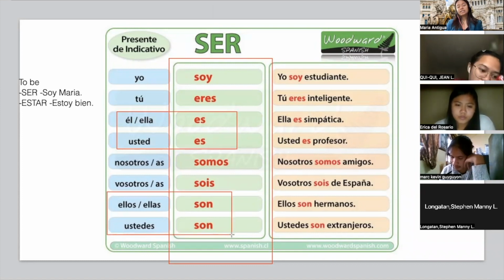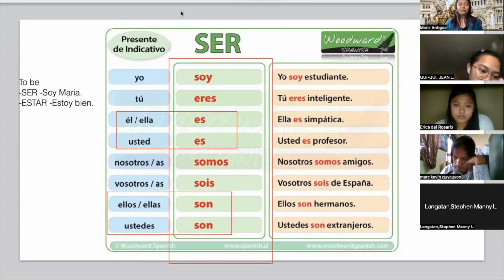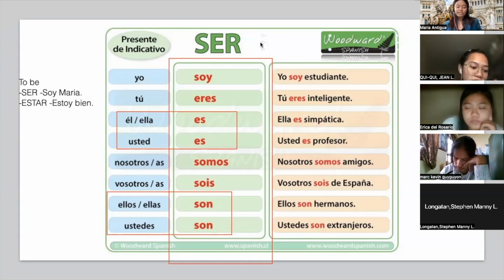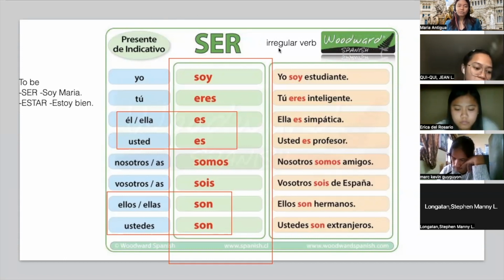Okay? Para hindi kayo masyadong, ang dami naman, ma'am. Alright. And there's no way for you to master this than to memorize because ser now is an irregular verb. Walang pattern, meaning irregular verb ang ser. It doesn't follow a pattern when you conjugate it, kaya ganyan siya, magkakaiba. Somos, soy, son.